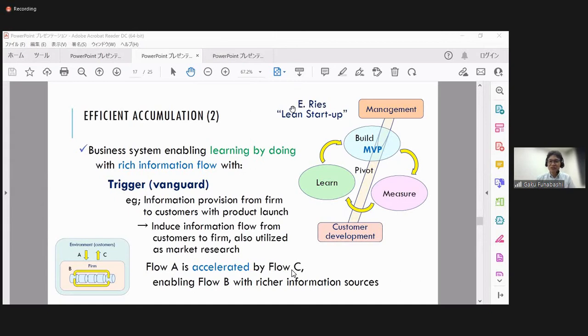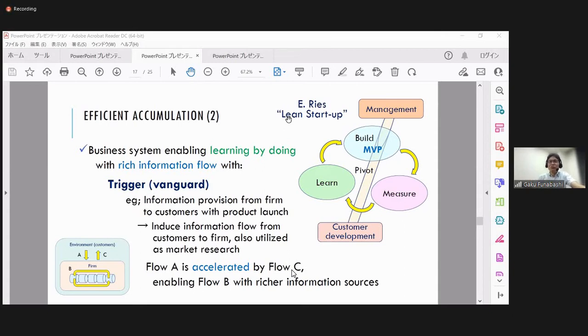And he suggested, if you want to make your new business successful, you need to continuously improve your product or services. And you need to improve so that your products are accepted by market, by consumers.